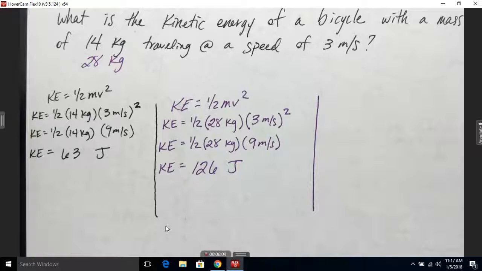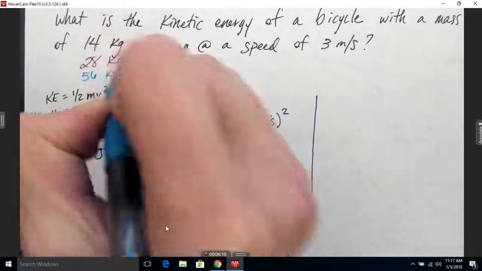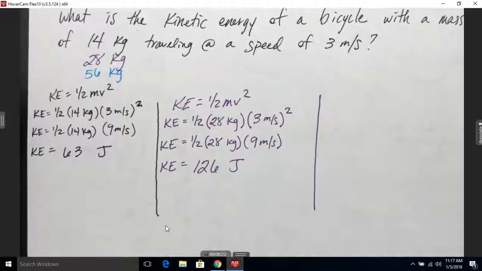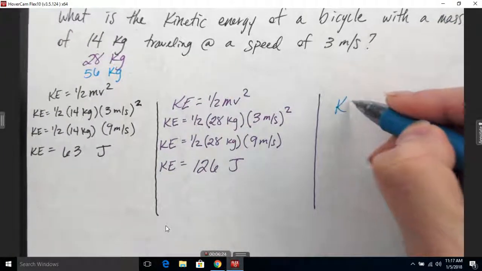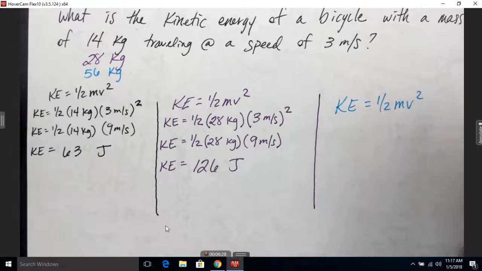What do we think our kinetic energy would be? Let's see. So let's say our mass is 56 kilograms. Who's lost and you don't see what we're doing?